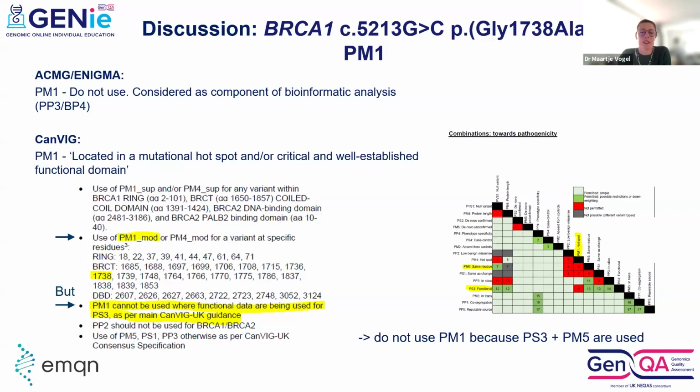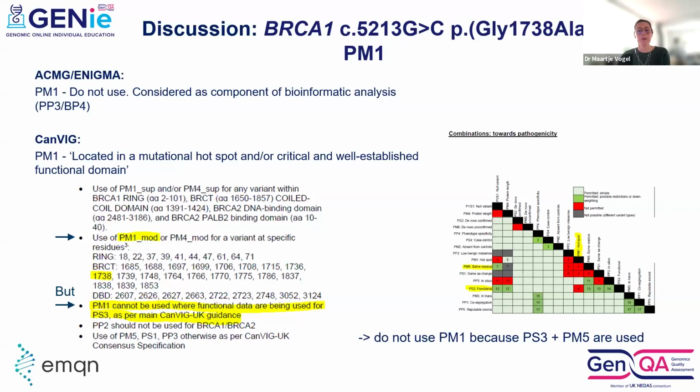So PM1 is evidence that a variant is located in a mutational hotspot or in a well-established clinical and functional domain. And if you carefully read the instructions, you might think that you can even use PM1 at level moderate, because our variant is at a specific residue in the BRCA2 domain.